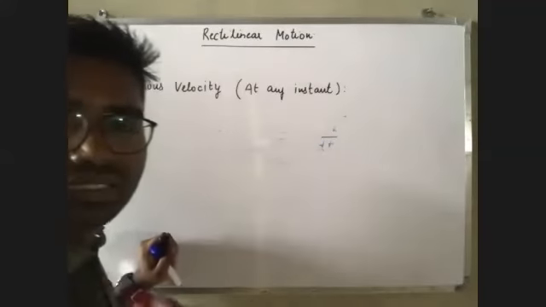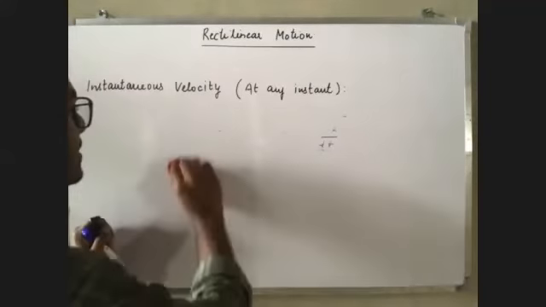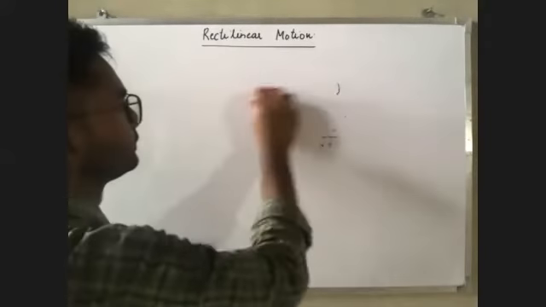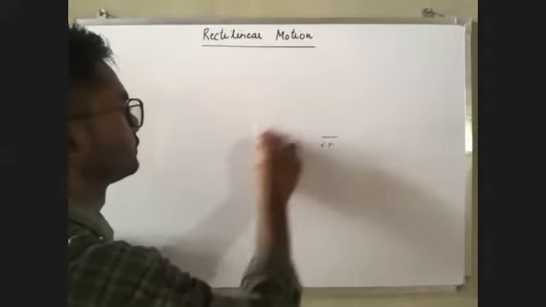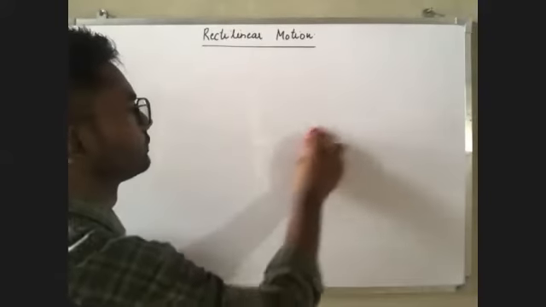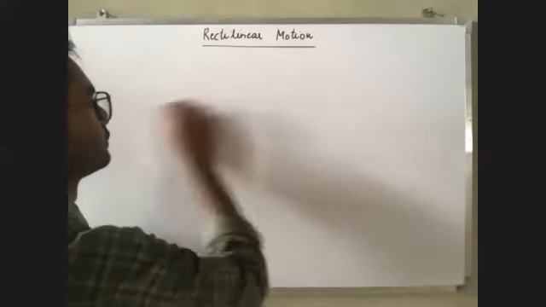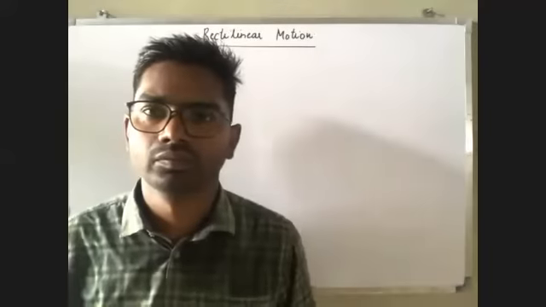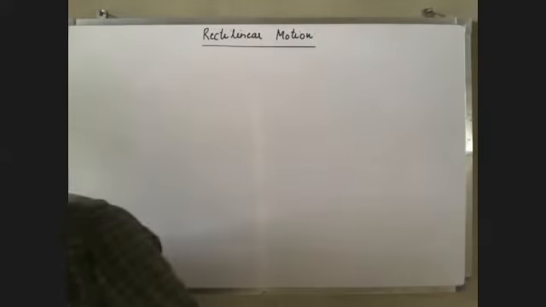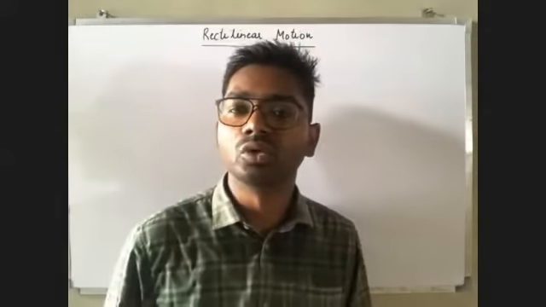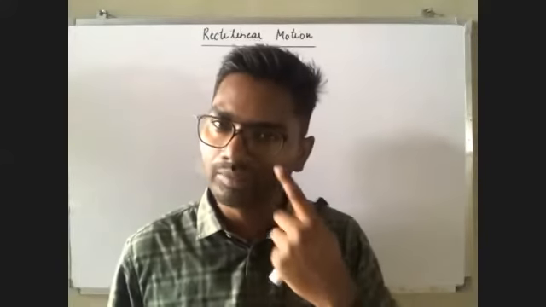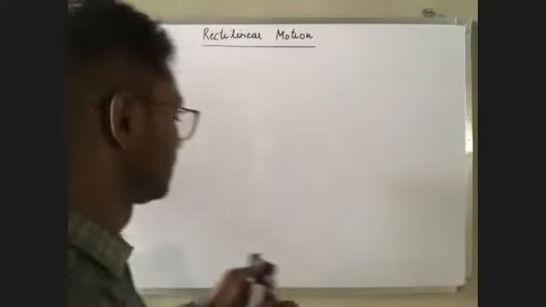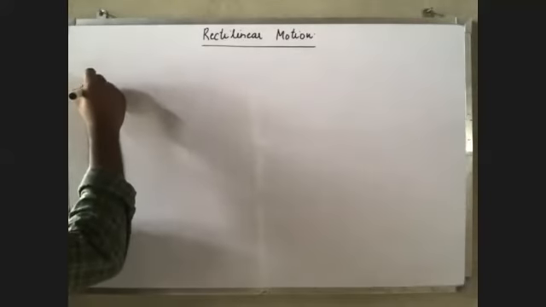Can anyone tell me how we can define the average speed, guys? It is nothing but total path length traveled divided by total time, or total distance traveled by total time. Good.